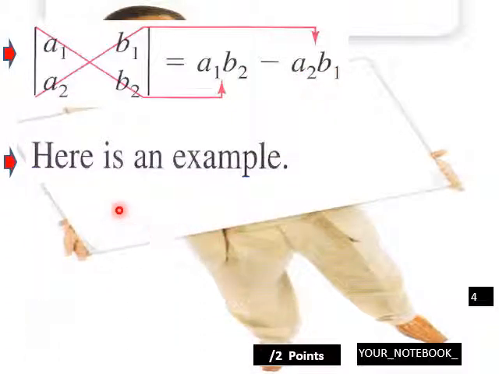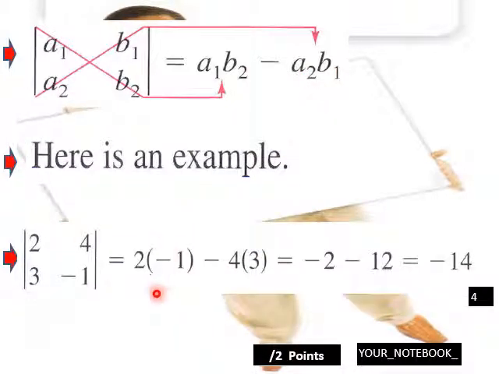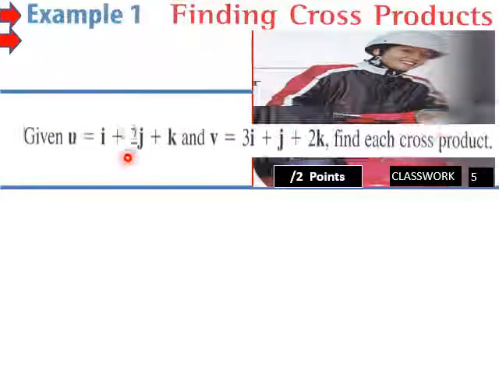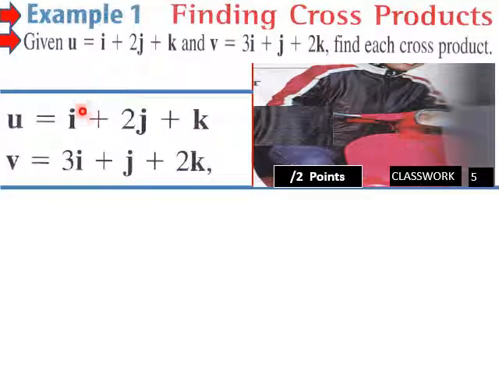Remember that? Here's an example of it: 2 times negative 1 minus 3 times 4, or 4 times 3, which equals negative 4. So that's really where that negative sign comes from. It's kind of the middle object of that.